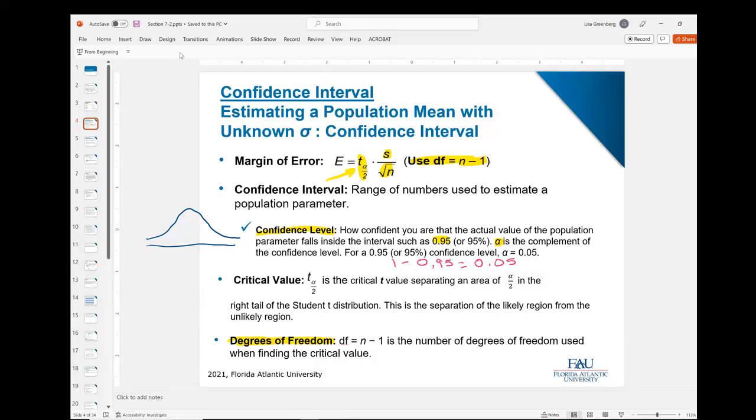There's my alpha. But remember, we're going to split that in half. And why are we going to split that in half? Because we have this symmetry. So we want this part of the graph and this part of the graph to be 0.025.